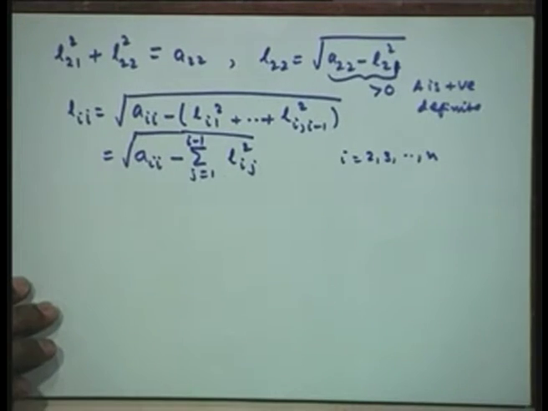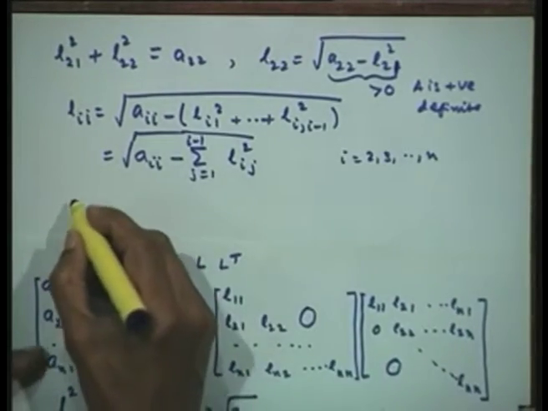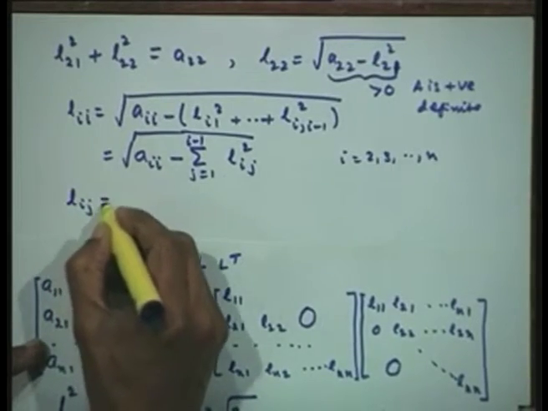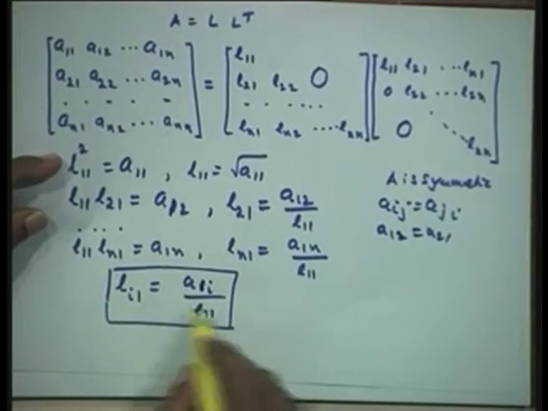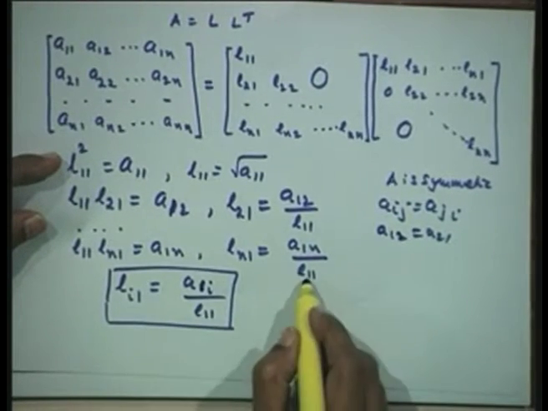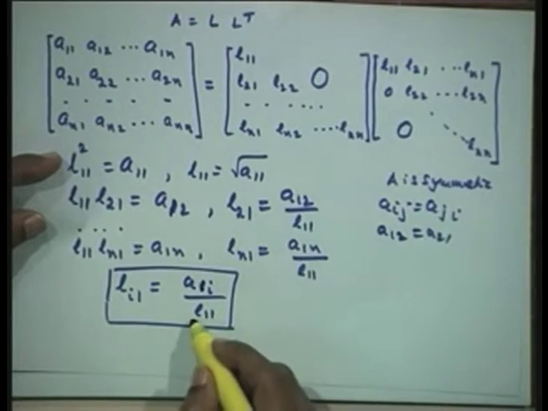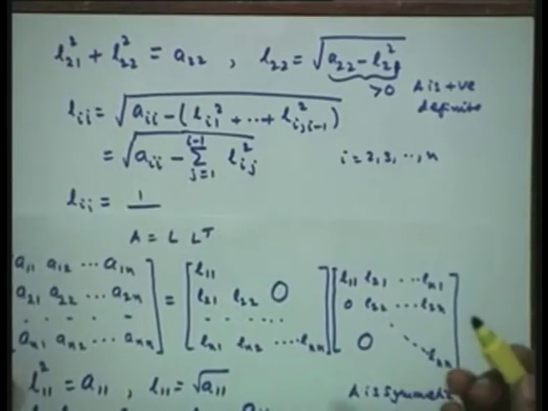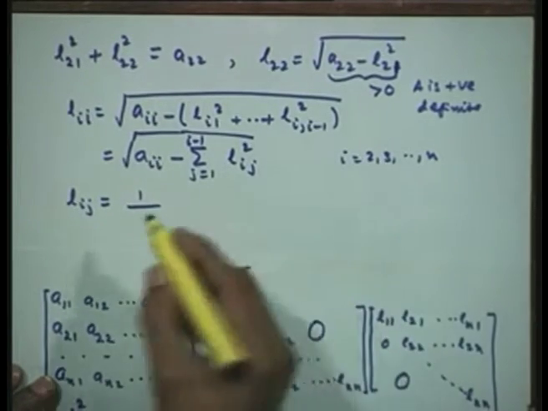Now the other elements I will get by the method of matrix multiplication. Therefore I can immediately write down that Lij is equal to the same. You can see that all these off diagonal elements would have a division by their pivot. For the first row it is L11, for the second row it is L22, and so on. If you are doing Lij, you will have your Ljj.